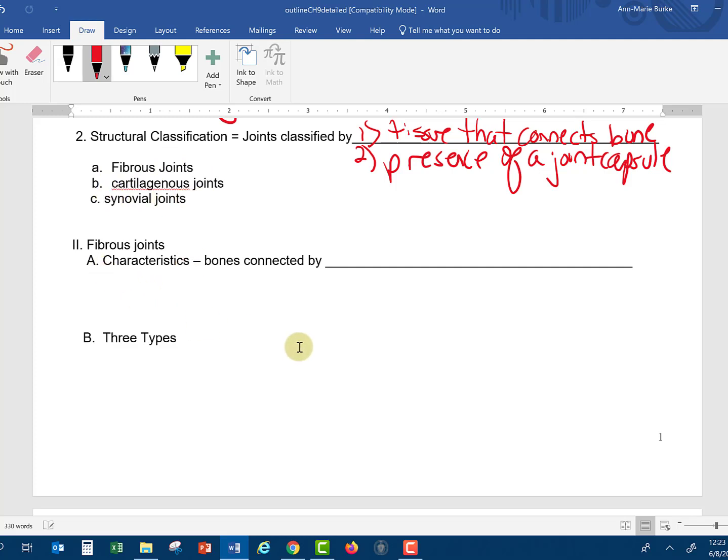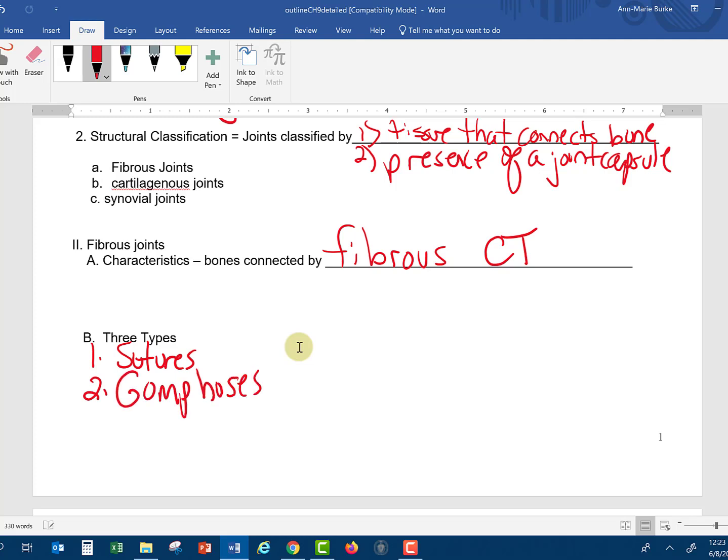So let's start with fibrous joints first. In fibrous joints, bones are connected by fibrous connective tissue. And again, I'm going to write CT for short for connective tissue. There are three types of fibrous joints: sutures, gomphoses, and lastly, syndesmoses.